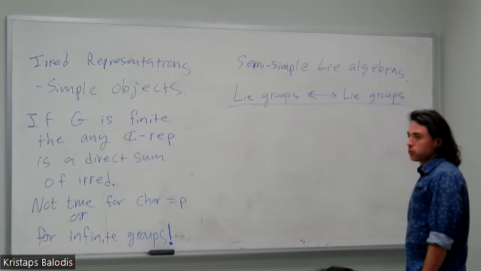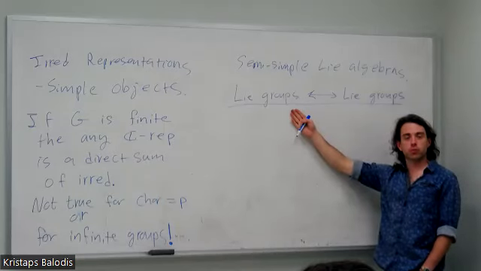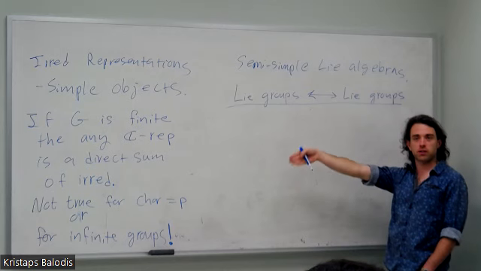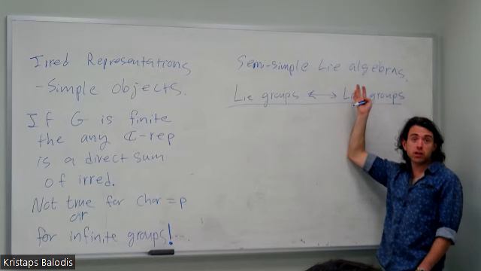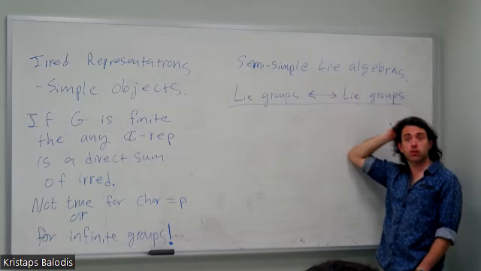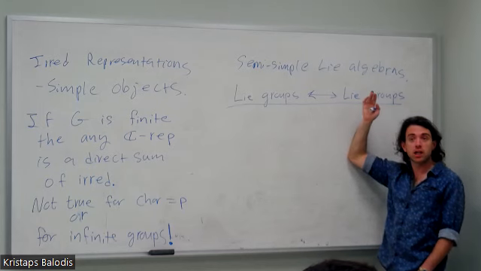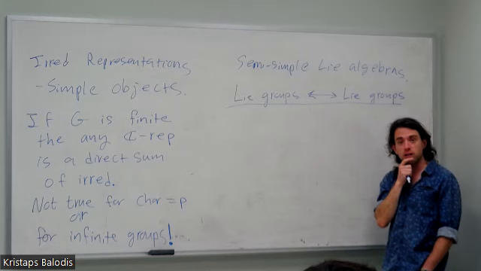And well, who knows? I mean, we could say, well, for groups, even for finite groups, we know the situation is much more complicated than just direct sums. But Lie groups have some special extra structure, right? They're manifolds, so maybe that rigidity helps save you from this sort of complicated thing.